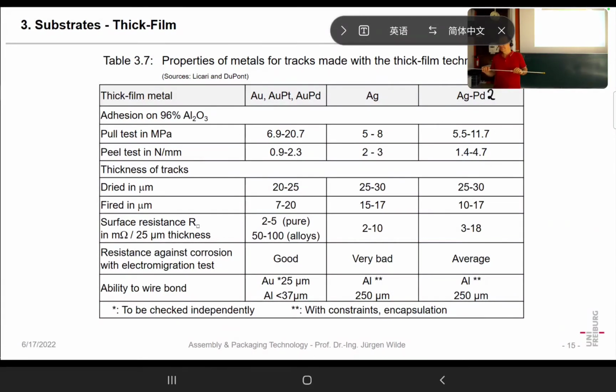And so what people did is they printed a certain area, and for that area, one square, you have a certain resistance. And for that square also, you can show that it doesn't matter how big the square is.